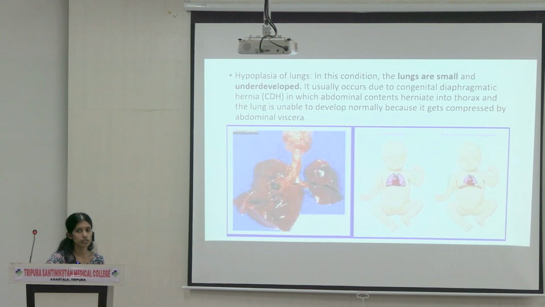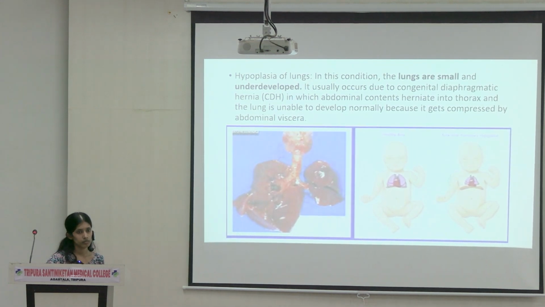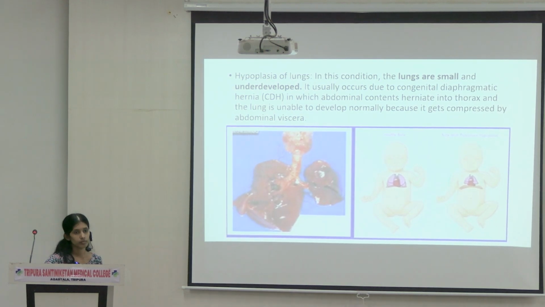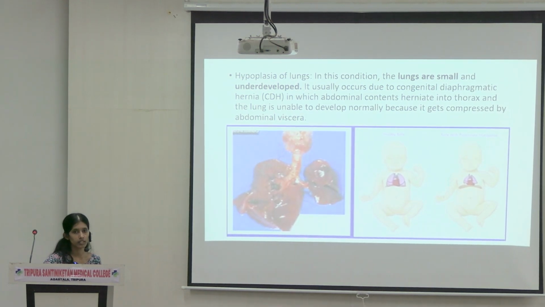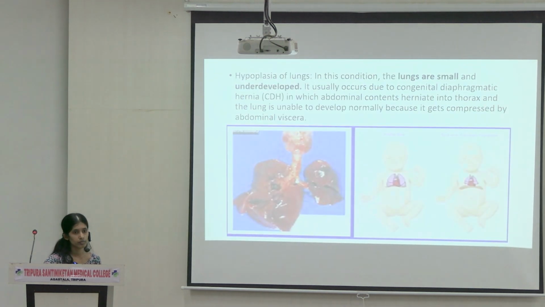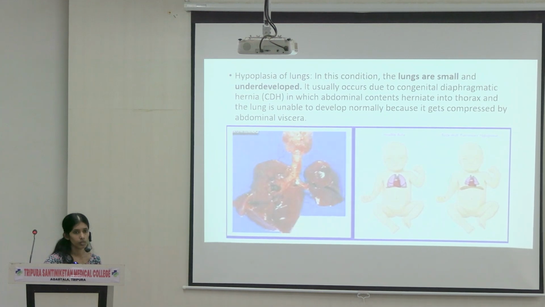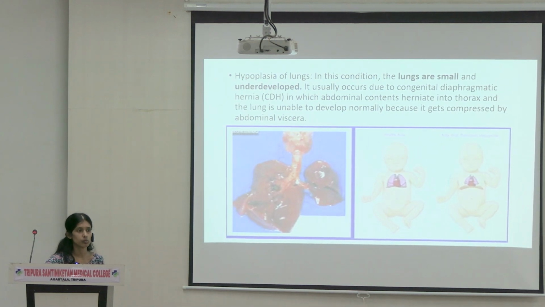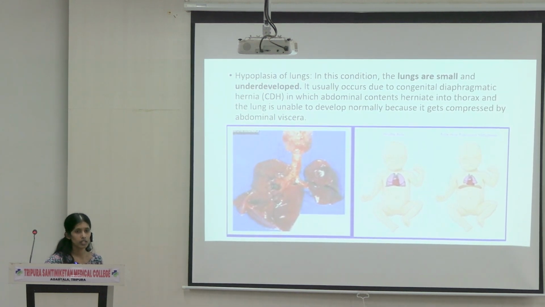Next we have abnormalities of the lungs: respiratory distress syndrome, agenesis, and hypoplasia. Those are the 3 important conditions in the congenital anomalies of the lungs that finish your development of the respiratory system. Okay, thank you.